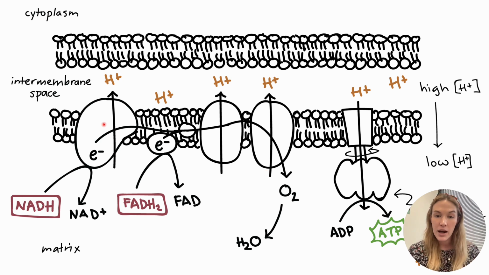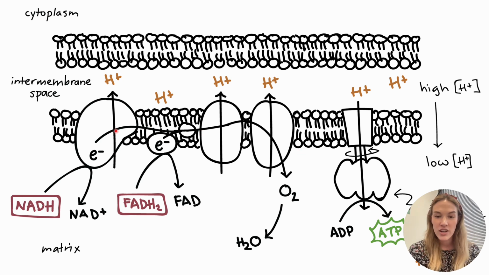So it is moving from a complex that is a low reduction potential because it's accepting a high energy electron to something that has a high reduction potential, has a high probability of being reduced because it'll accept a low energy electron. And as that is happening, that produces energy.